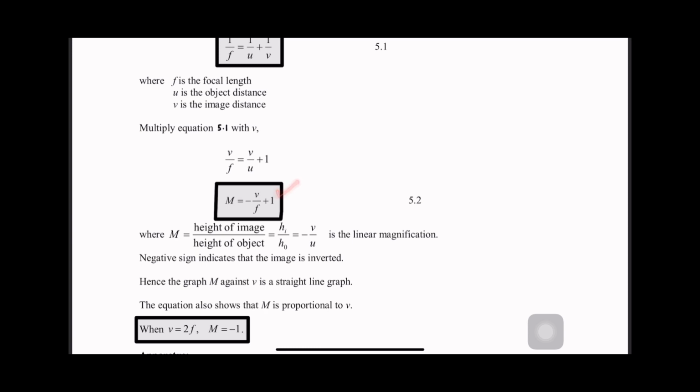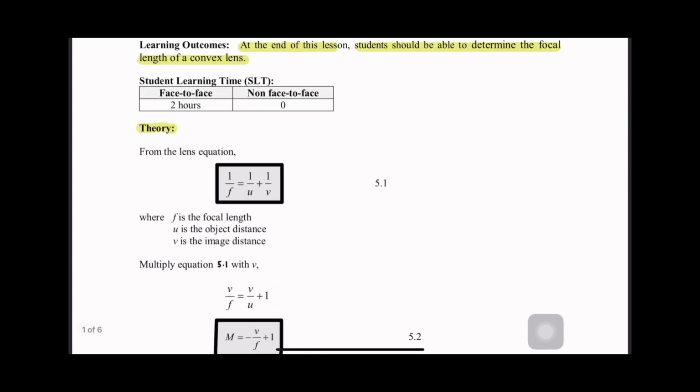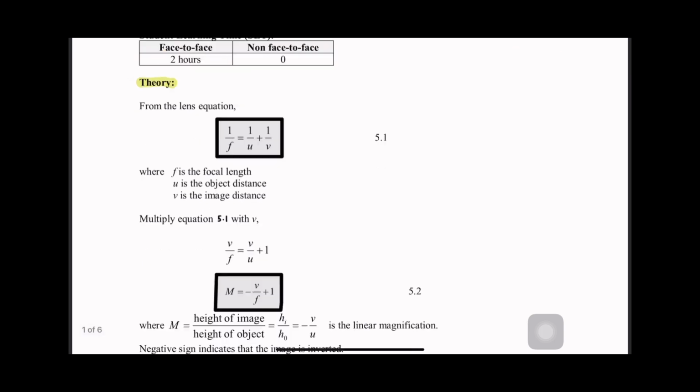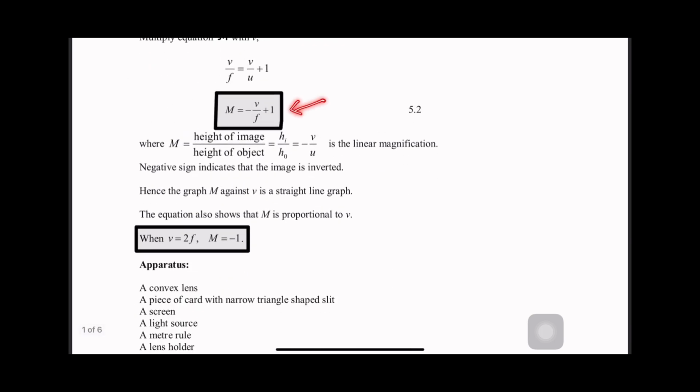This is because we need to rearrange the equation or produce the equation supaya kita boleh dapat plot graph m versus v, then gradient tu kita boleh kira untuk kita dapatkan focal length, because our objective is to determine the focal length of a convex lens. So dia rearrange equation, produce the new equation untuk sesuaikan dengan graph m versus v.